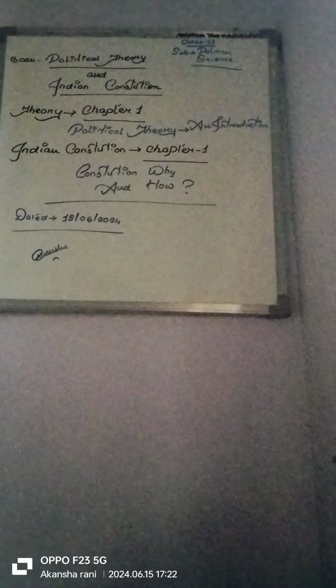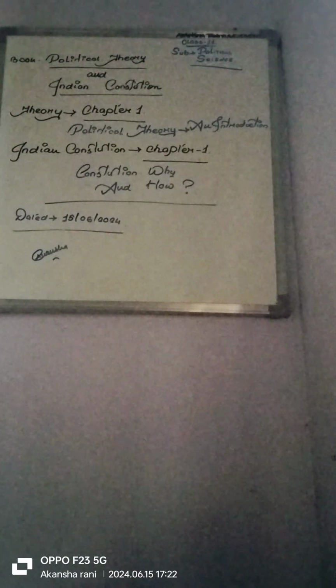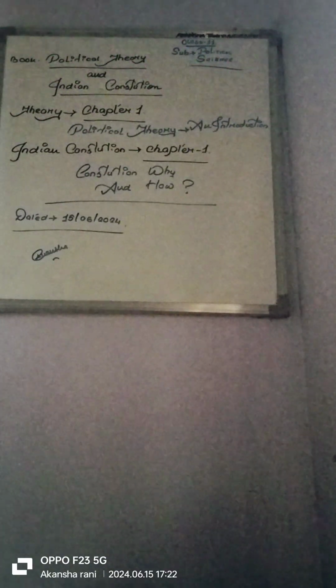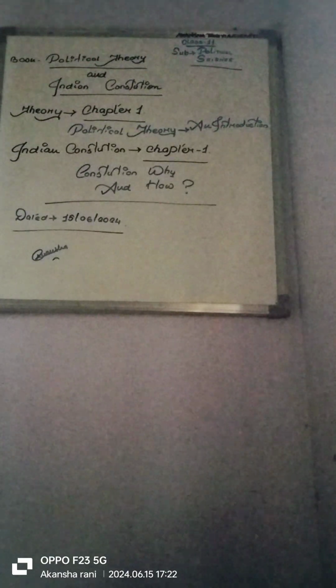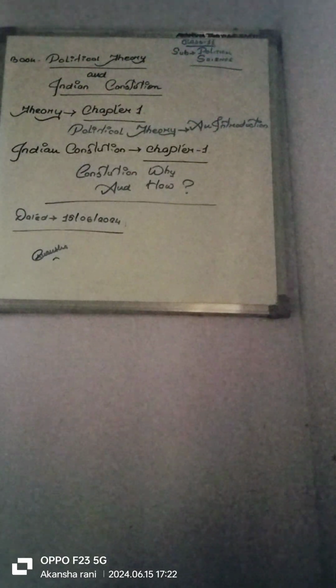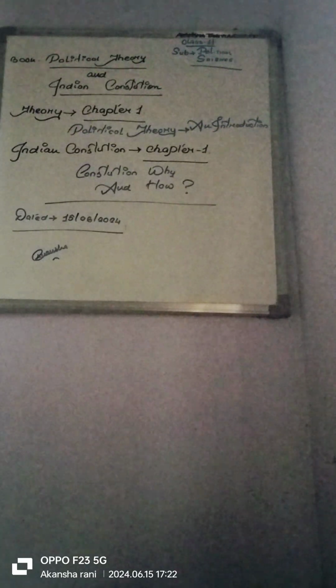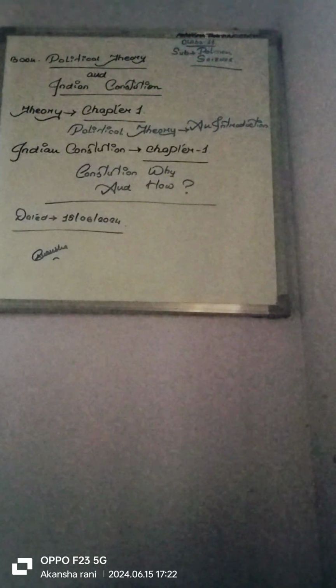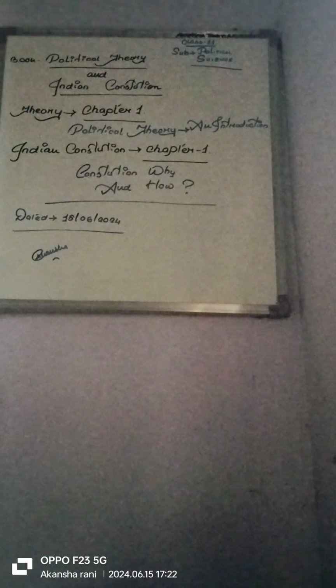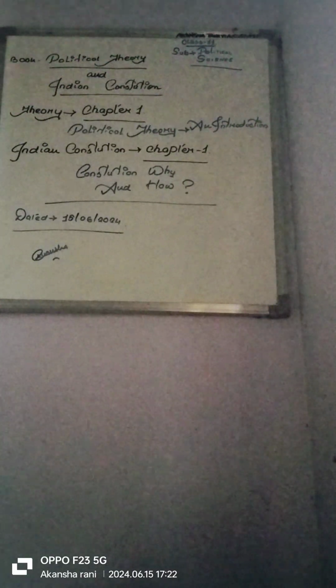Now comes balanced institutional design. Actually, here no single group can subvert the constitution.